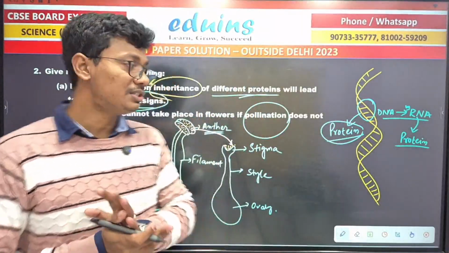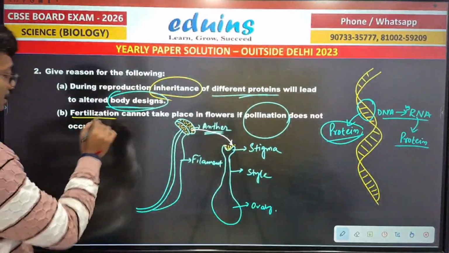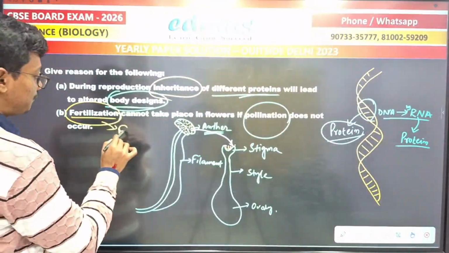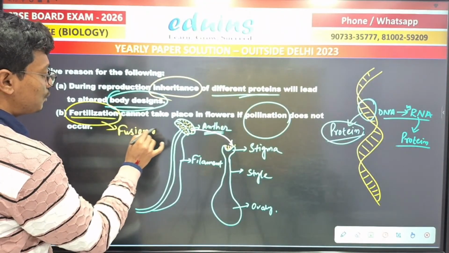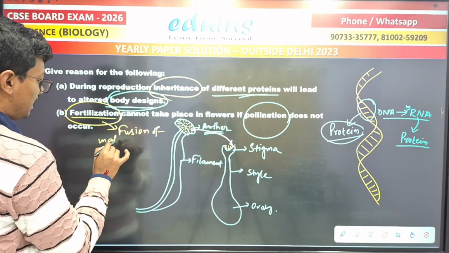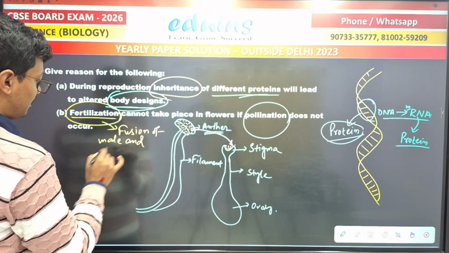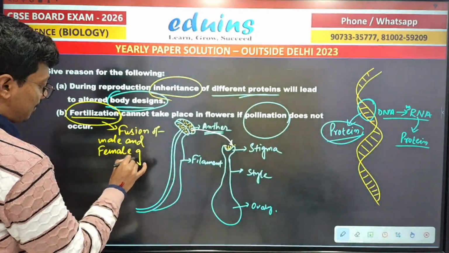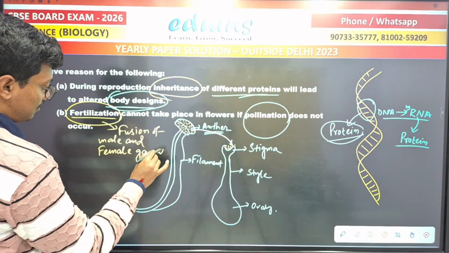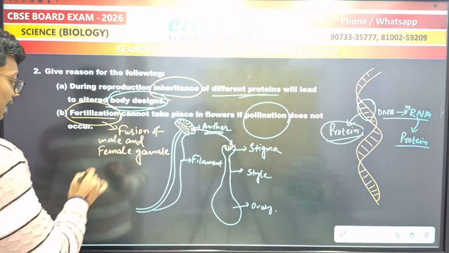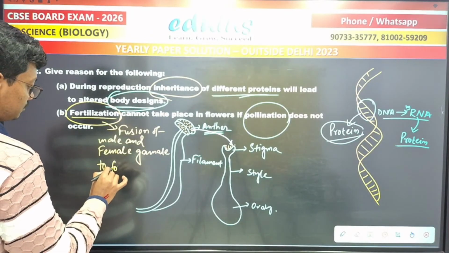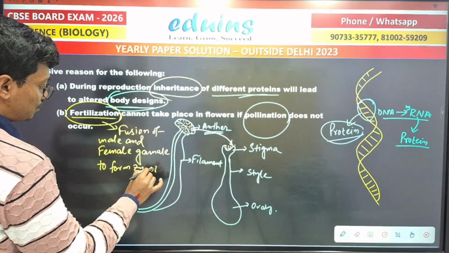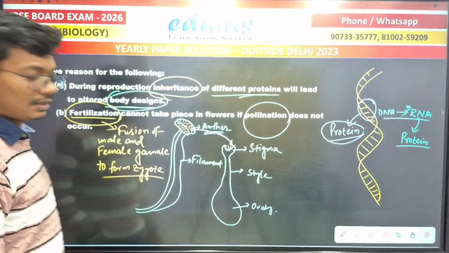And what is fertilization? Fertilization is the process of fusion of male and female gamete to form a zygote.